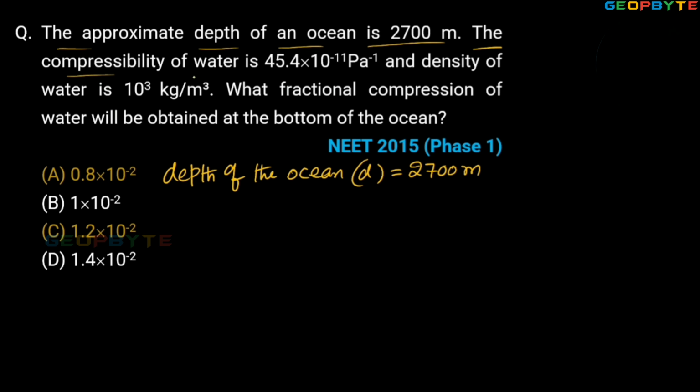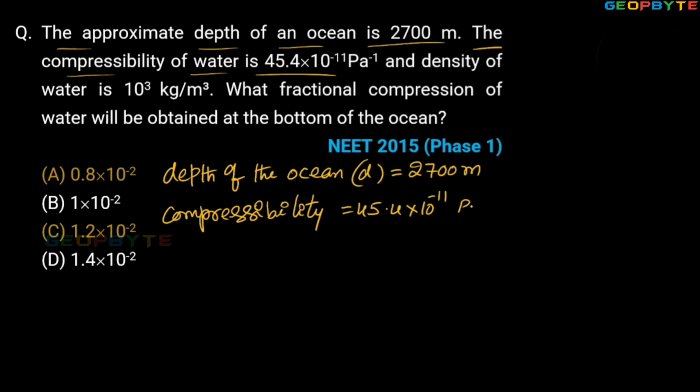The compressibility of water equals 45.4 into 10 power minus 11 Pascal inverse, that means 1 by Pascal. And the density of water is 10 power 3 kg per meter cube.